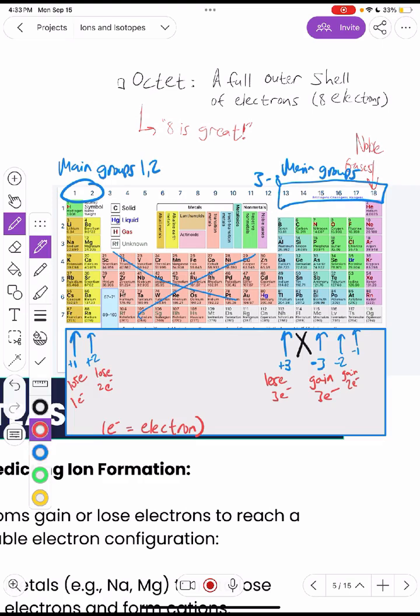And then group 17 is, main group 7, excuse me. It's gain 1. All right. Left, lose, right, receive. I'm going to write that up here as well. Left, lose, right, receive. Okay? Pause for questions. They're coming up for folks.